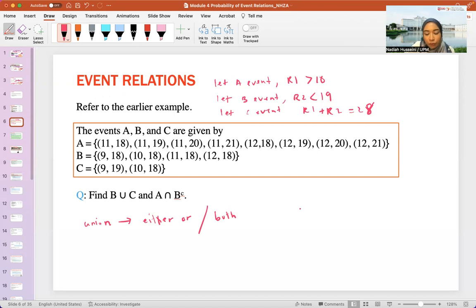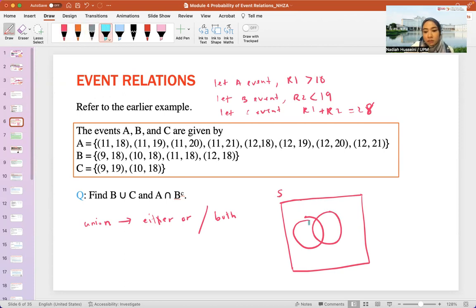If this is our sample space, and I have event B over here, and event C over here, then this is the union of my events, either or.